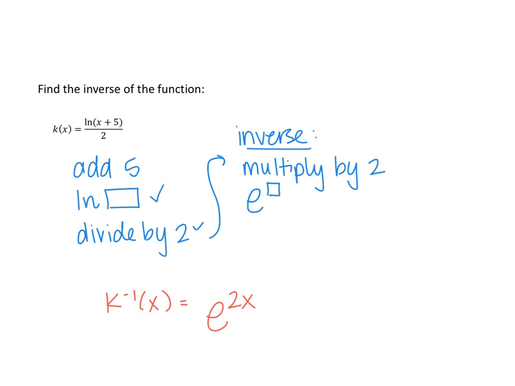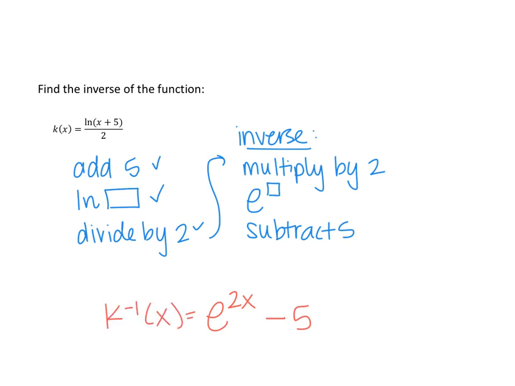So we did the inverse of natural log of some number, and then now we want to do the inverse of adding 5, which is subtract 5. So I'm going to take what I have so far and just add a minus 5. I'm going to move the inverse of k of x down so this looks a little better. So the inverse of k of x is e to the 2x minus 5.